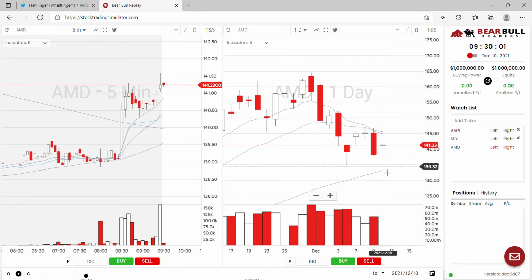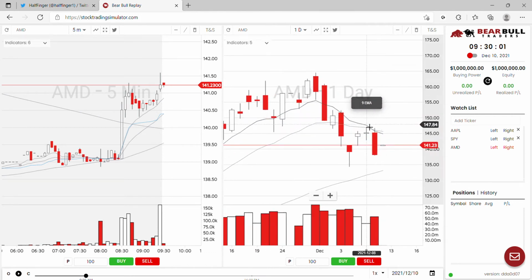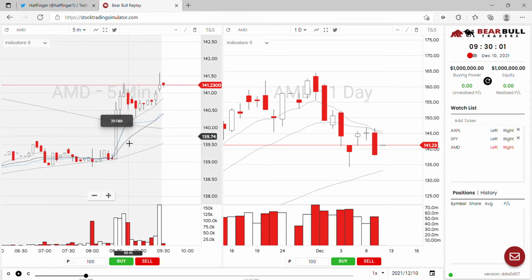So it's in good range here between the 50 moving average and the 9 and the 20 crossing here. And in the pre-market, you can see that it gets a huge run around 8:30. So it's trading above the VWAP and all the moving averages.